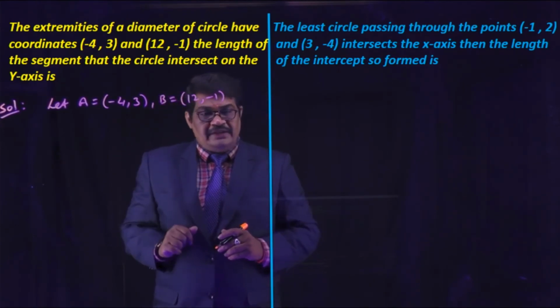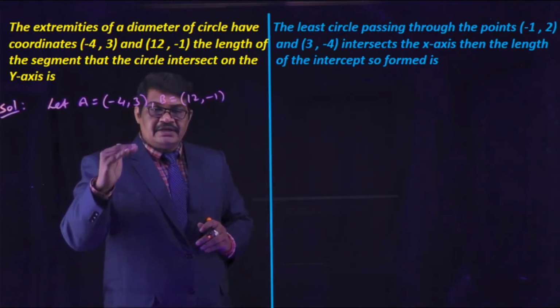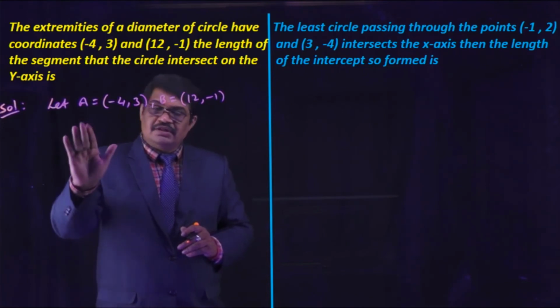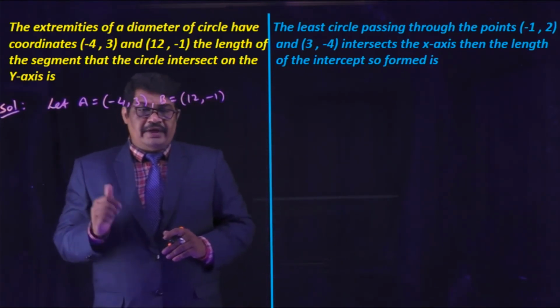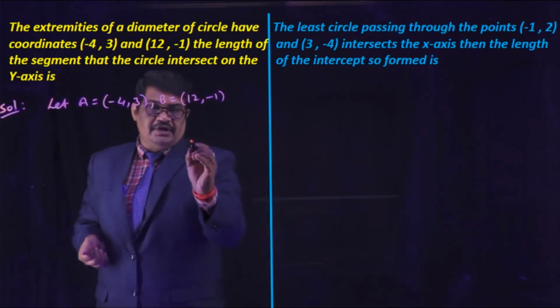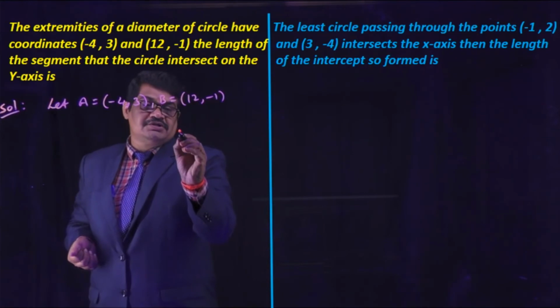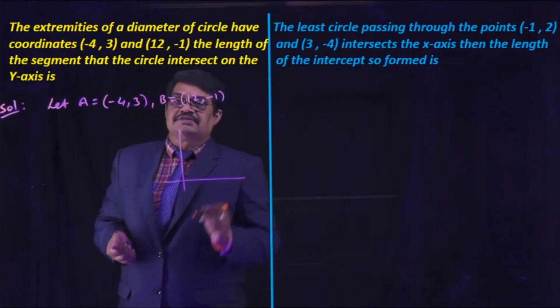Now we have to find the length of the segment that the circle intersects on the y-axis. Now we have to find the y-intercept. What is the y-intercept? See the diagram. This is the y-axis and this is the x-axis.